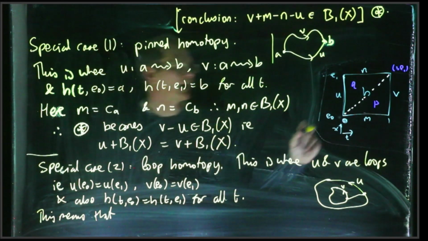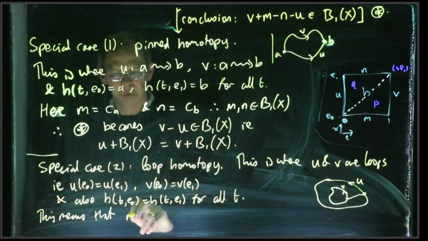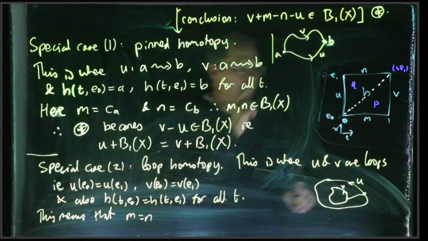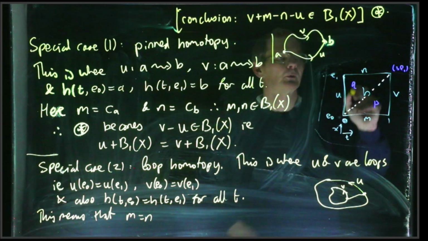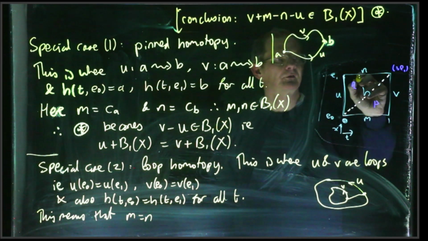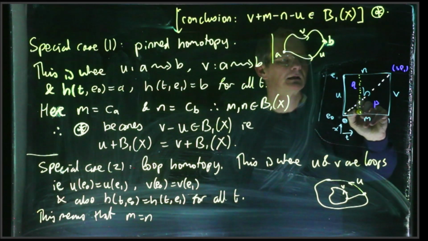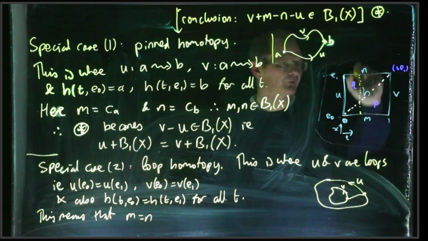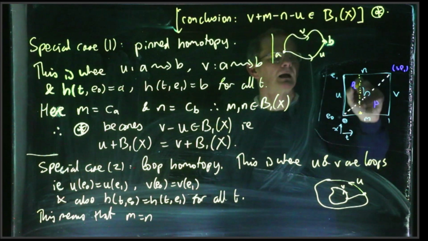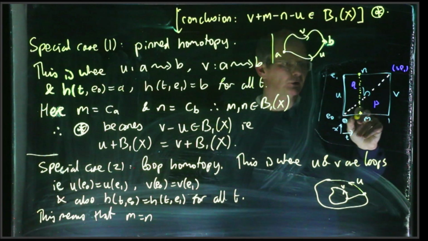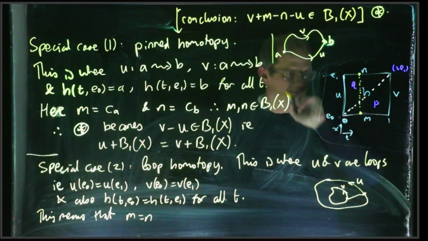So that means that M equals N. Okay, so right, the idea is this is the path that you get at time t, taken by this slice through the homotopy, and it's supposed to be a loop, so M of t and N of t are supposed to be the same.